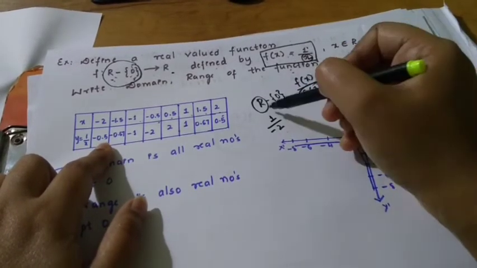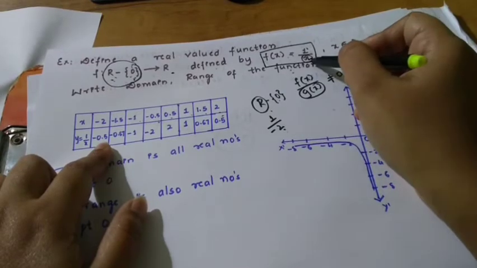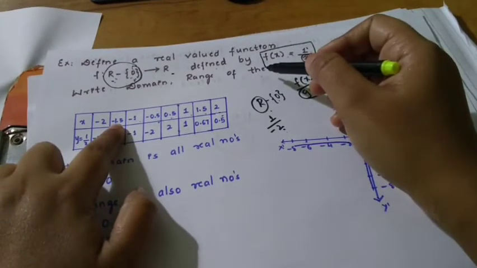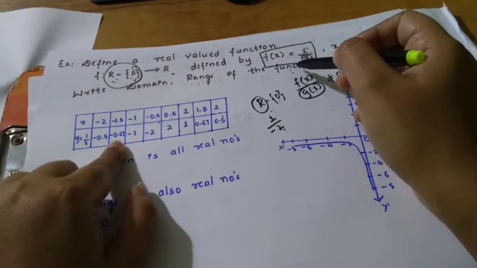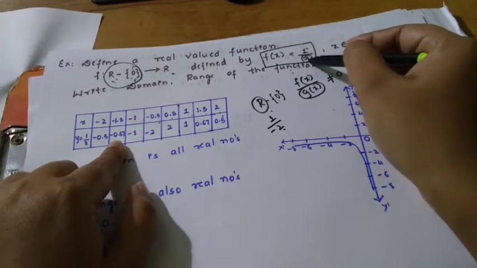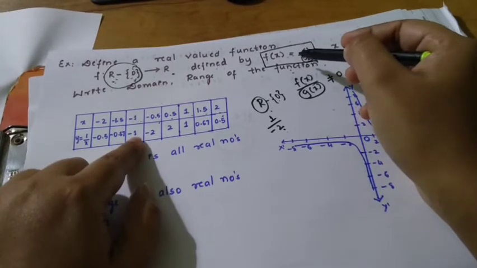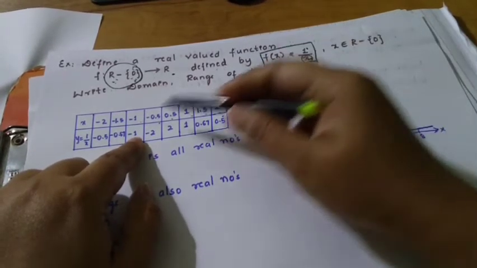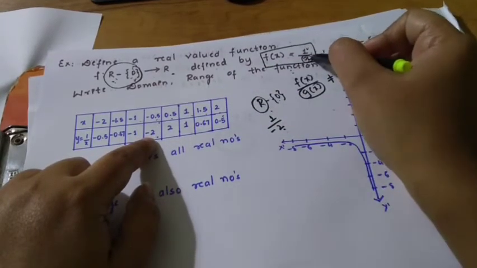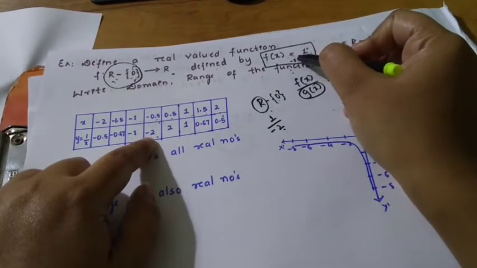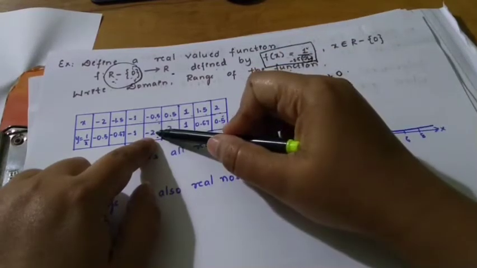Next 1 divided by x ಅದ. x ಇದಲ್ಲಿ ಏನ್ ತಗೊಂಡೇನಿ, minus 1.5. 1 divided by minus 1.5 ಎಷ್ಟು ಬರ್ತದ, minus 0.67 ಬರ್ತದ. Next 1 divided by minus 1 is minus 1. 1 divided by minus 0.5 is minus 2.